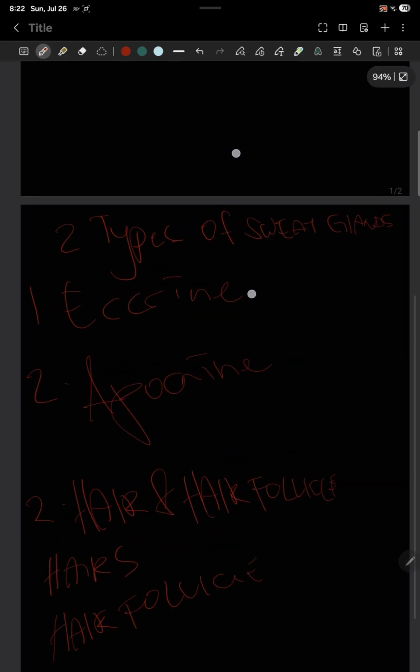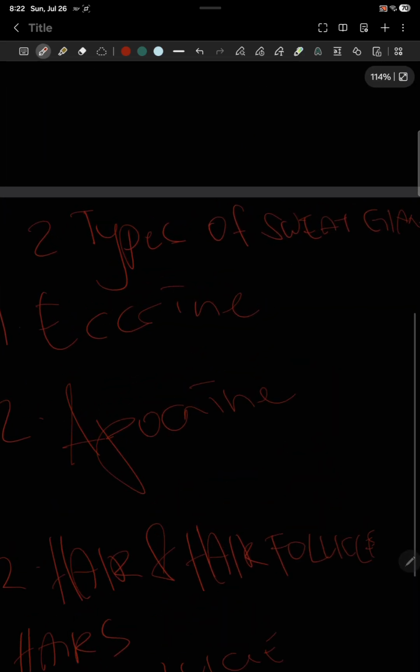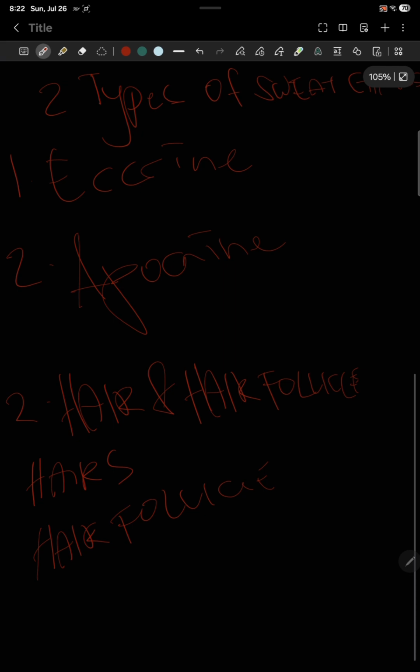So we have here the two types of sweat glands. So we have here the eccrine gland, which produce sweat, singot, a clear secretion that is primarily water, plus salts and water.